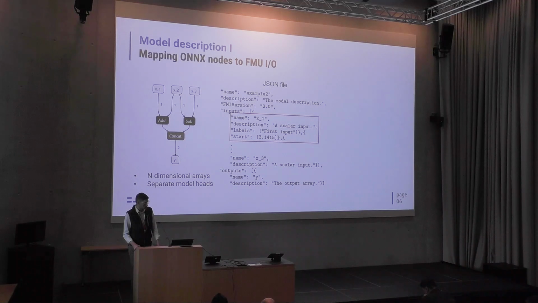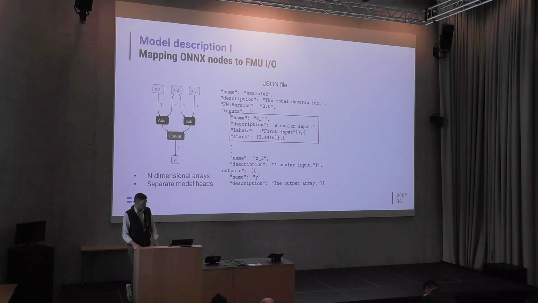We have the possibility to provide labels and starting values for each of the inputs. If the input is an array, then we need to specify starting points and labels for each of the entries of the array.